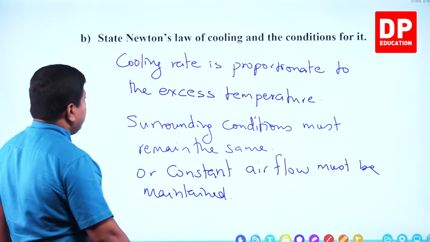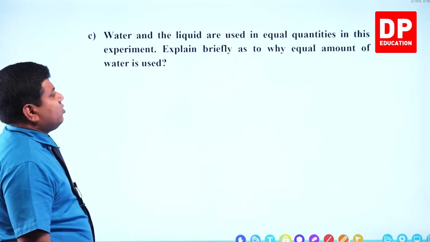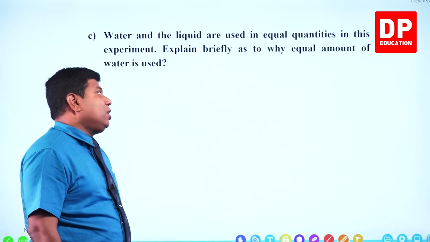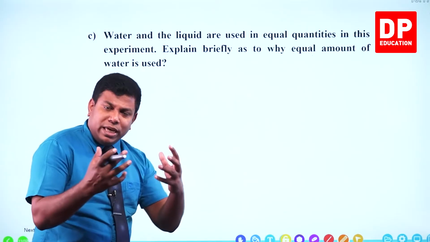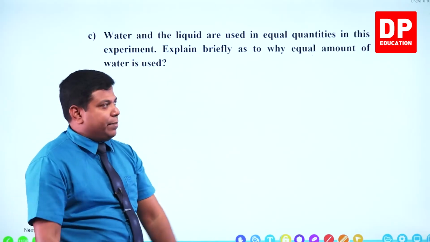Next, water and the liquid are used in equal quantities in this experiment. Explain briefly as to why equal amounts are used. Why does it have to be an equal amount? Then only the surface area will be the same, so that the cooling conditions will be the same.